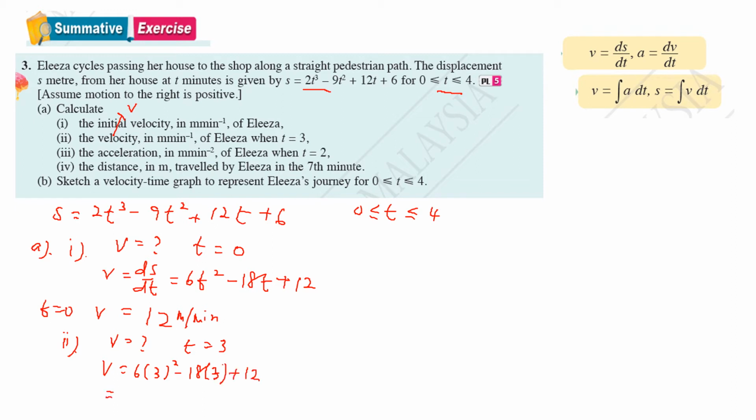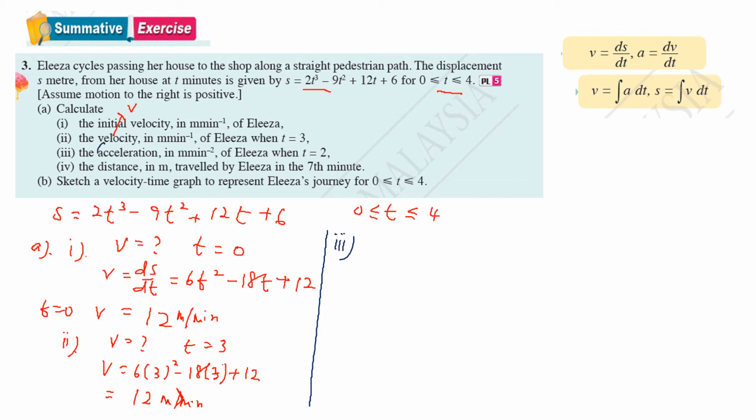This is 54 minus 54, which is 0, then we have 12. Same answer as number 1.